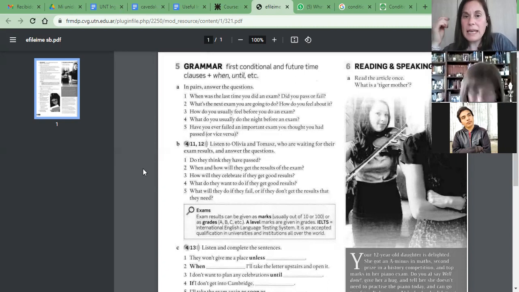But apart from English, when was the last time you sat for an exam, Marta? A long time ago, maybe 15 years ago, I did a course of history, and I had to do an exam. I did a course of the Shoah.